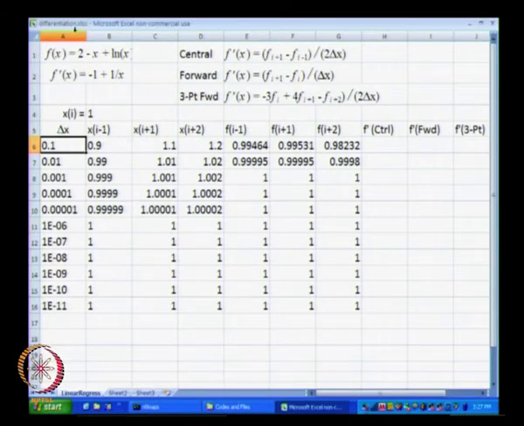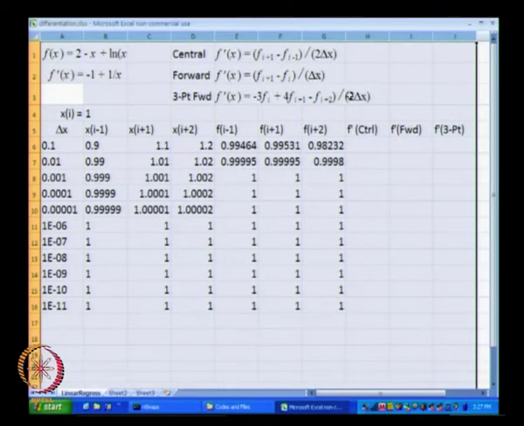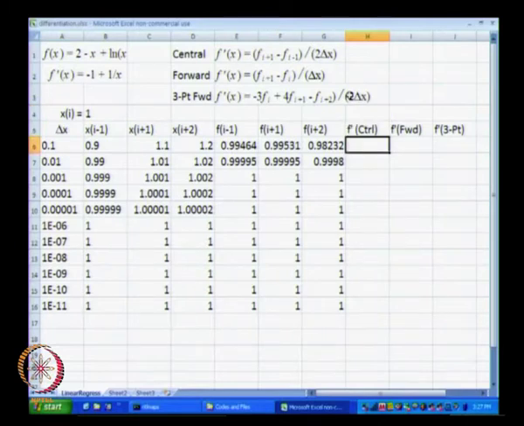Okay, and I will just resize some of these so that we can view all the results simultaneously. Okay, so central, CNTR.